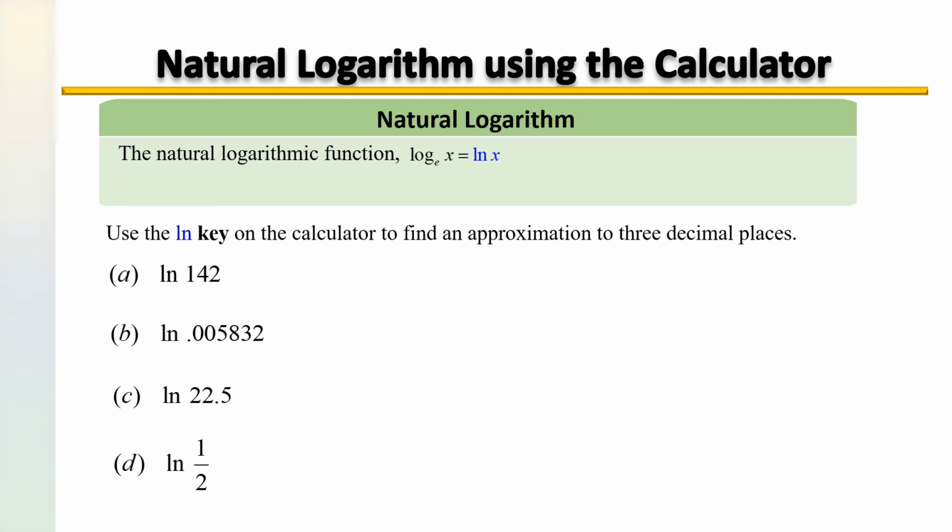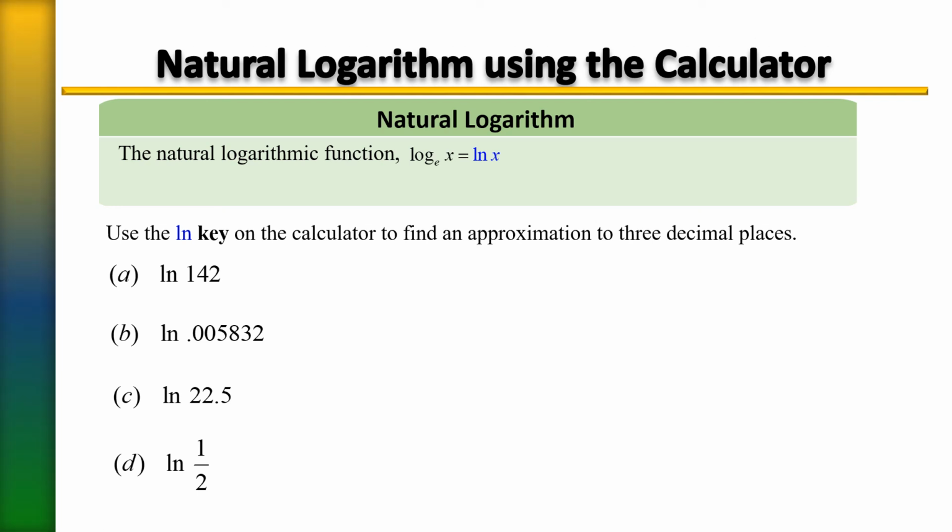All right, so with the natural log, you should also have that natural log key as well. So go ahead and look for it on your calculator. It may be either a front key or a back key, but you're looking for the LN, which stands for the natural log.